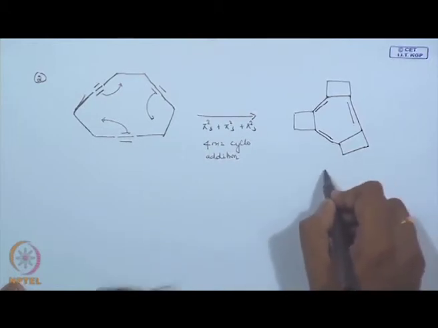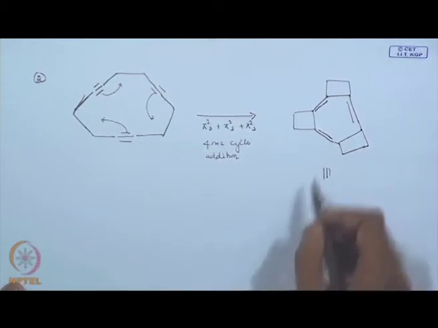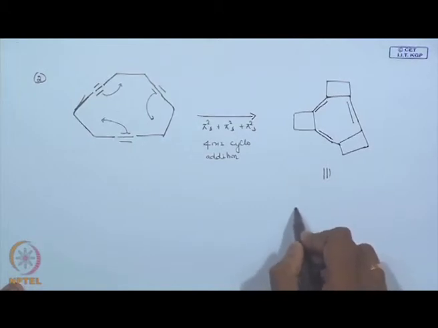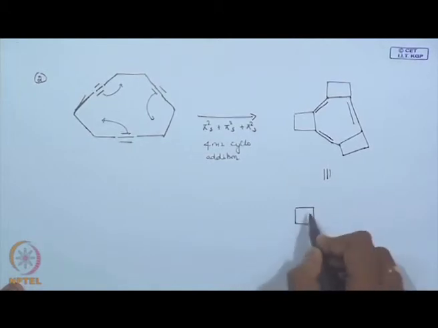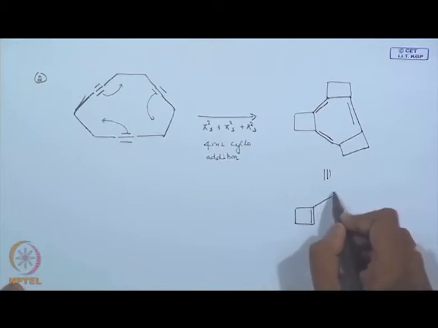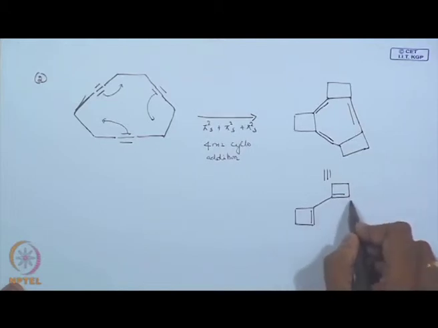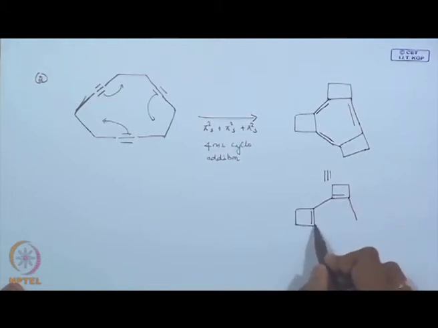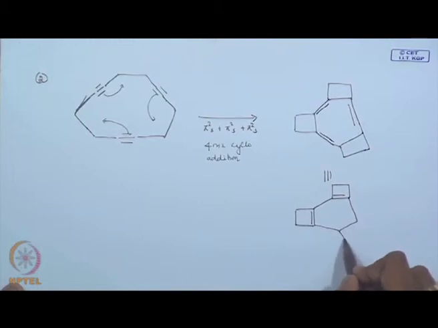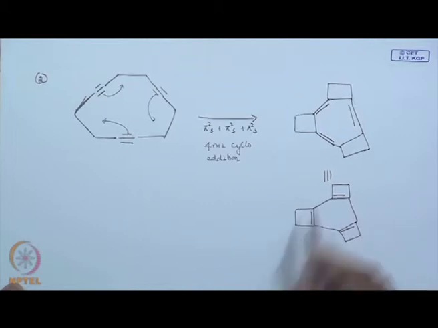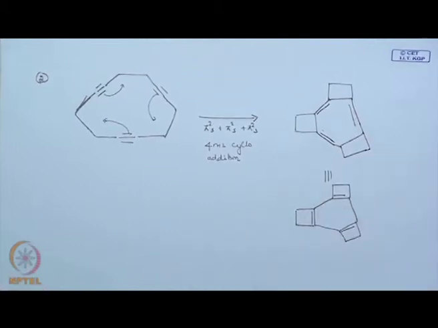This is similar to B, if I write it properly. We are just making a double bond here, just moving the double bond, so this can exist like this. Any doubt in the first step? Okay.